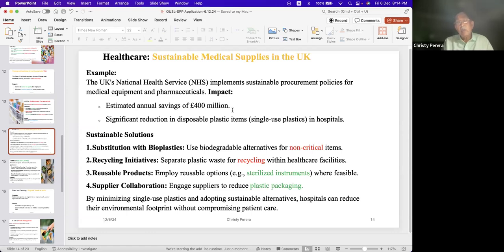In future, not only steam or this method, but I think they can find some other method. They might be doing research to find out. But in NHS, they don't use many disposable syringes, all sterilized syringes.